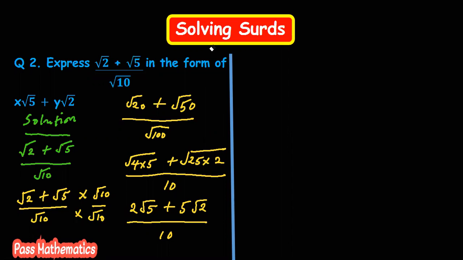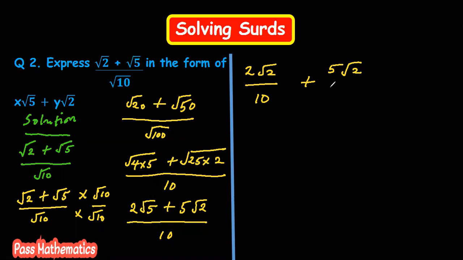The question says we should express this in the form of x root 5 plus y root 2. Looking at this, we have root 5 and root 2. So we are getting there now. We obey the instructions by saying 2 root 5 divided by 10, plus 5 root 2.